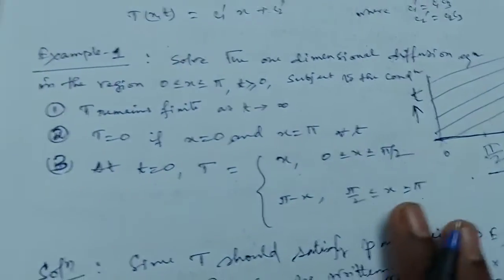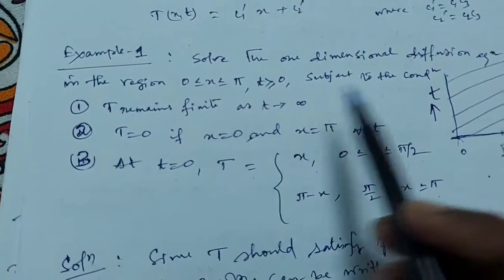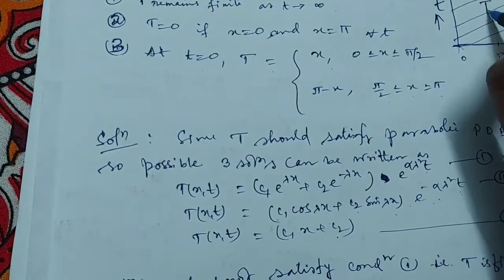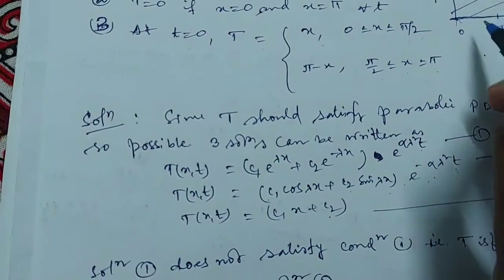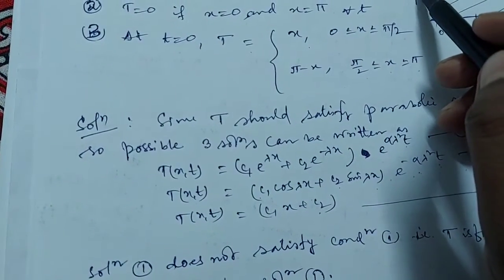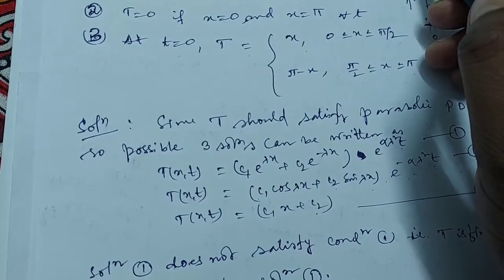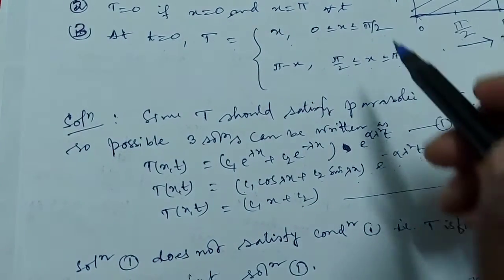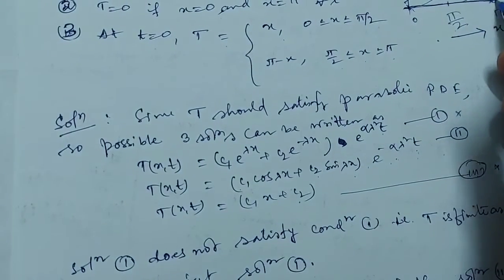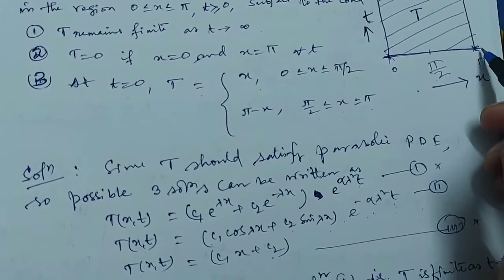So we have to solve this problem in this domain, and there are boundary conditions given. What is the condition? When small t tends to infinity, capital T is finite. T is equal to 0 when x is equal to 0, this point, and this point, x is equal to pi.